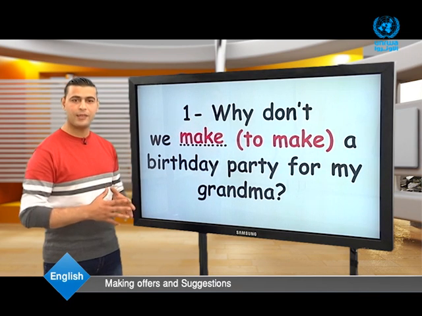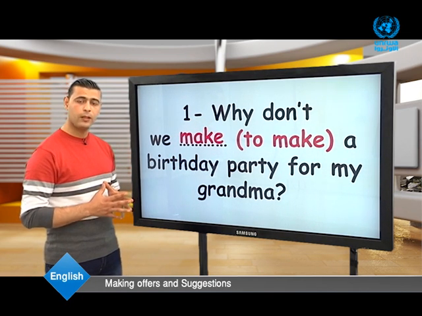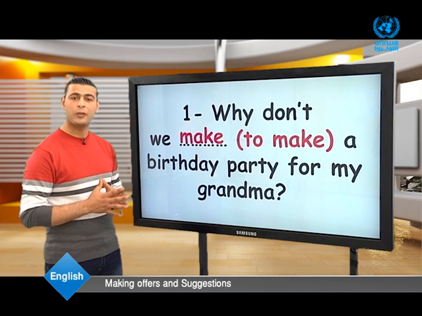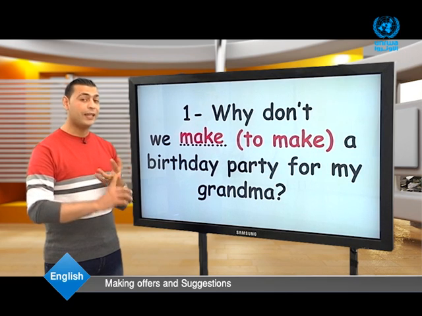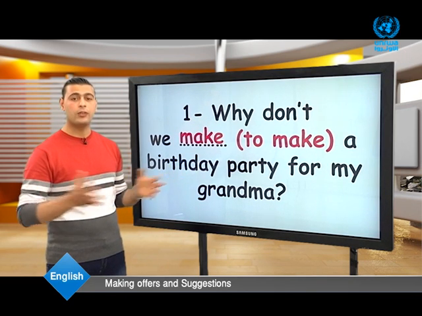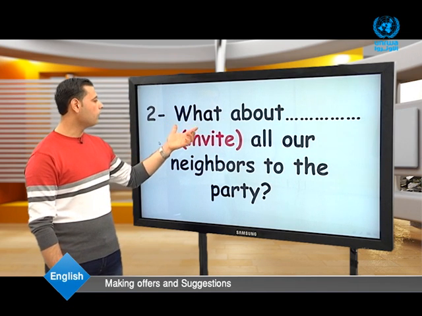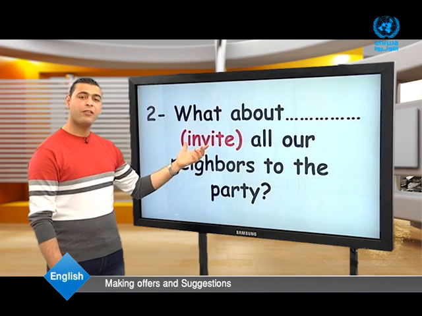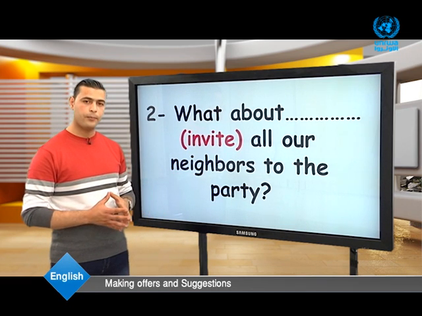Can you agree with this suggestion? Thank you very much. Of course, we can agree by saying, I agree, that's a good idea, that's a great idea, or that sounds good. Let's move on. Number two, what about, here we have the verb invite, all our neighbors to the party.